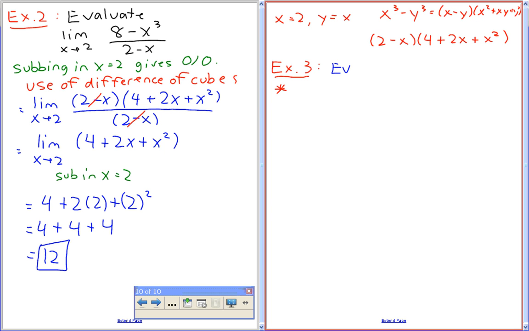Evaluate the limit as x approaches 0 of 1 minus the square root of 1 plus 3x all over x. Oh, good golly, this question looks wonderful. No, this is wonderful. Okay.